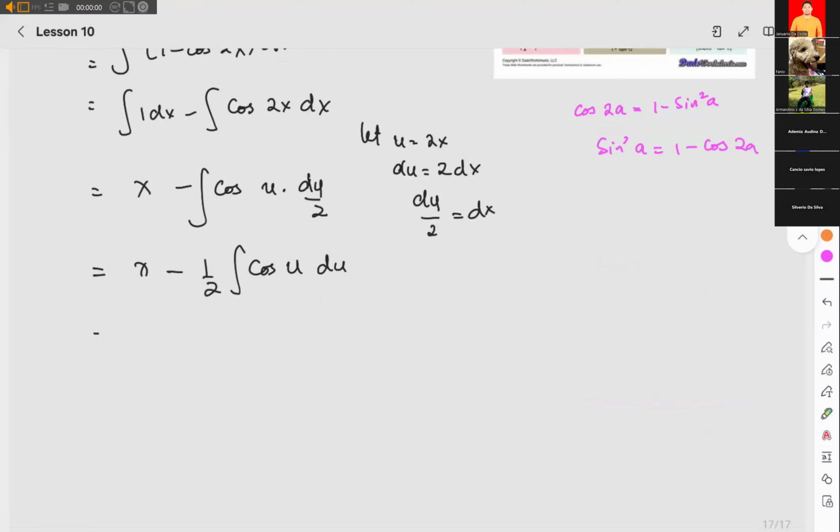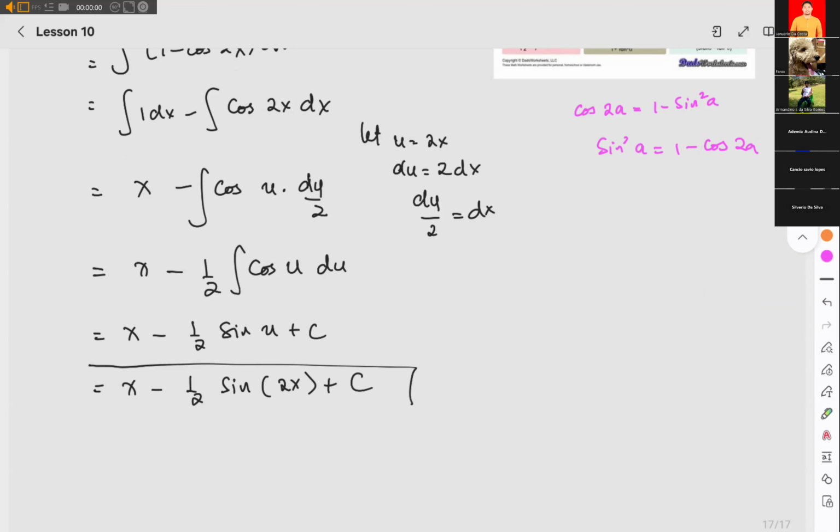Up to this point, you simply have x minus 1 over 2 sine of u plus c. But you know u is equal to 2x, so you just have to rewrite it as sine of 2x plus c, and this is your answer. So it's a matter of how you intelligently choose your approach, okay?